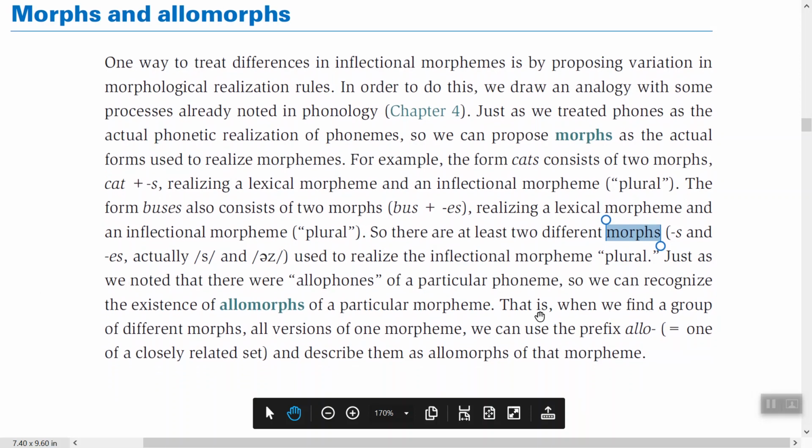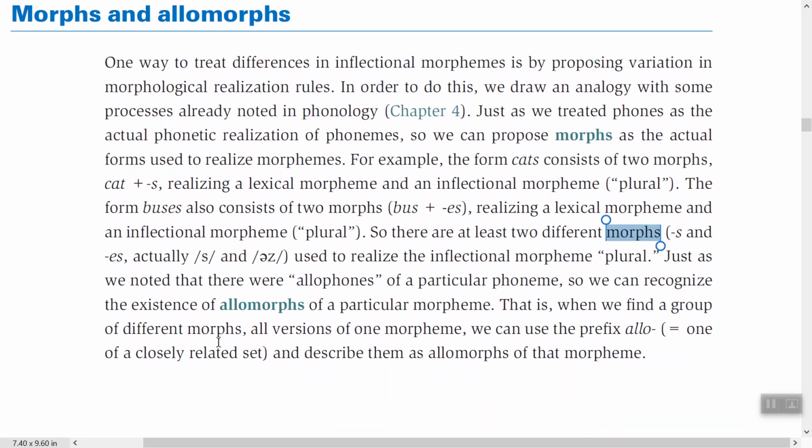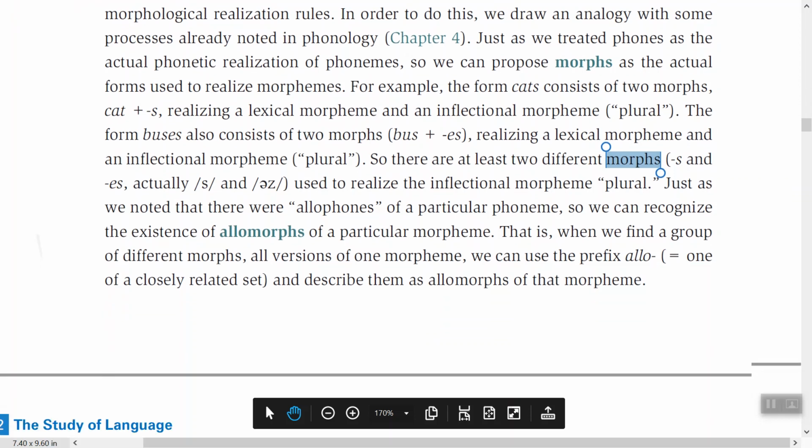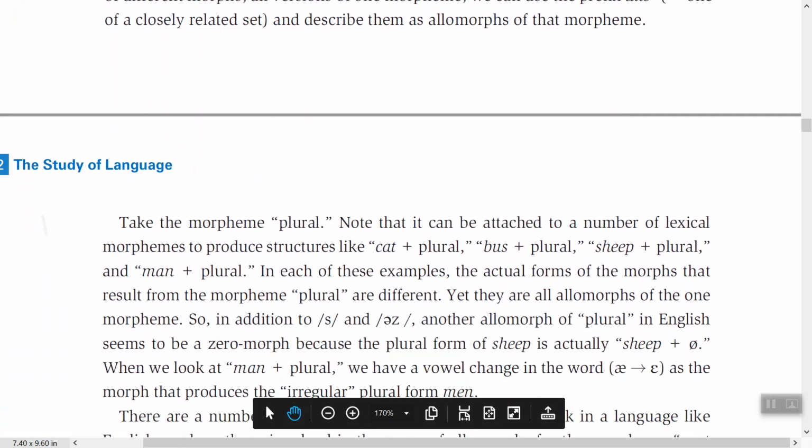That is, when we find a group of different morphs, all versions of one morpheme, we can use the prefix allo, meaning a related set, and describe them as allomorphs of that morpheme.